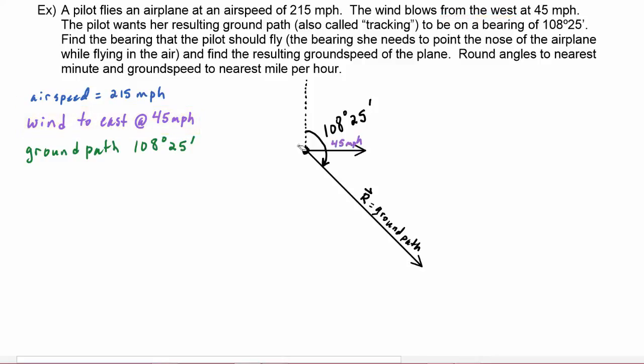Now the pilot wants to fly along this path. If she pointed the nose in this direction, though, the wind would push her off course and she would actually end up over here somewhere.